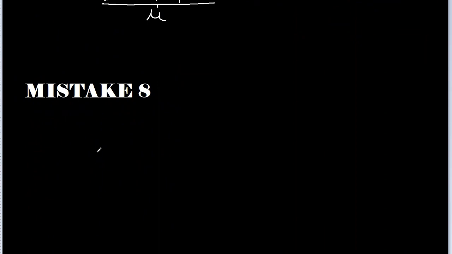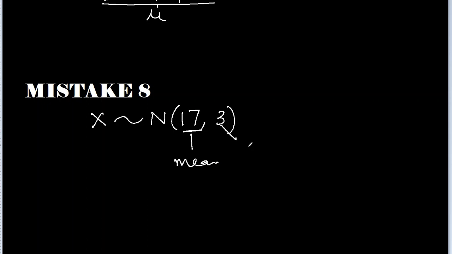Mistake number 8. Sometimes they give you an x variable which has a normal distribution and then they give numbers, say 17 and 3. Students usually take this as the mean and this as the standard deviation because 3 is very small in number. No, the second number is never the standard deviation, it is the variance.